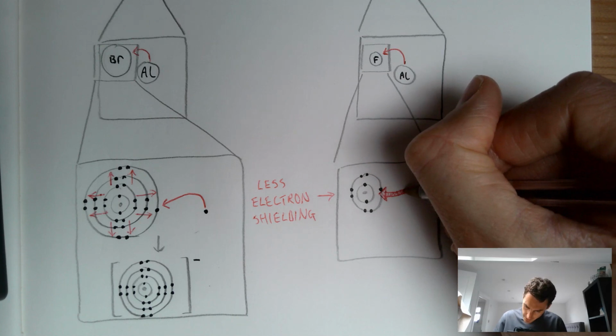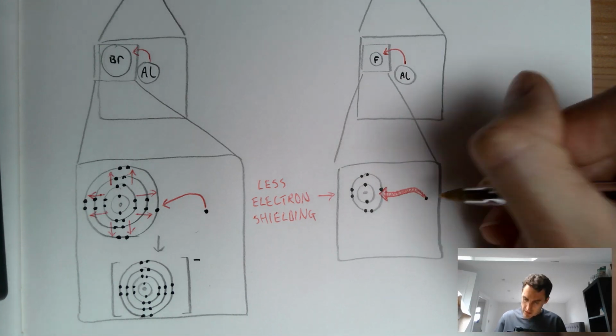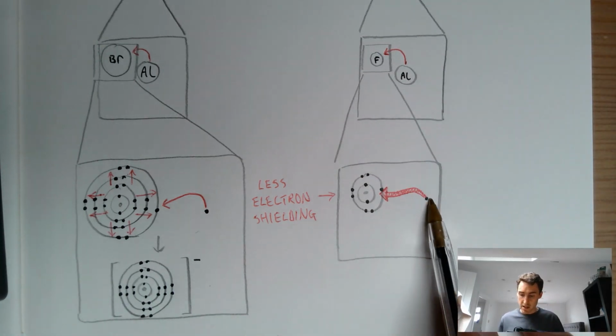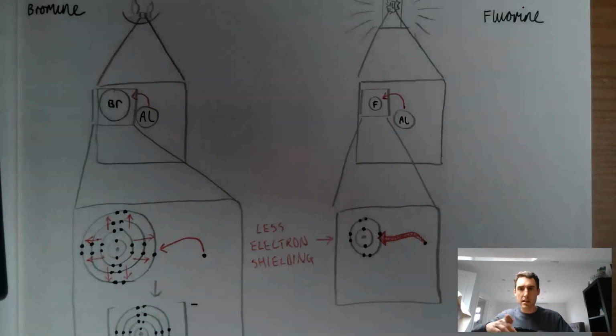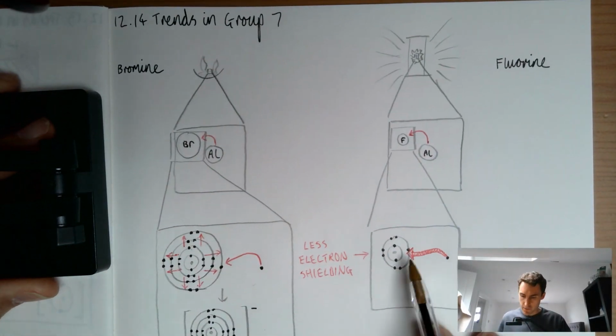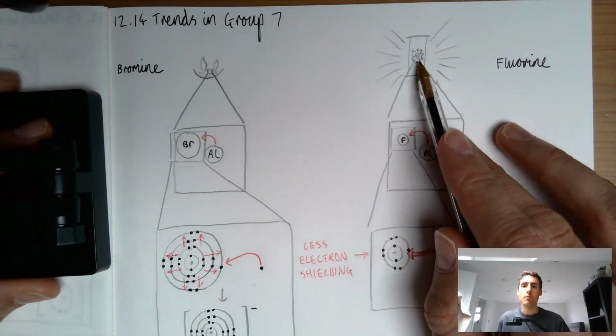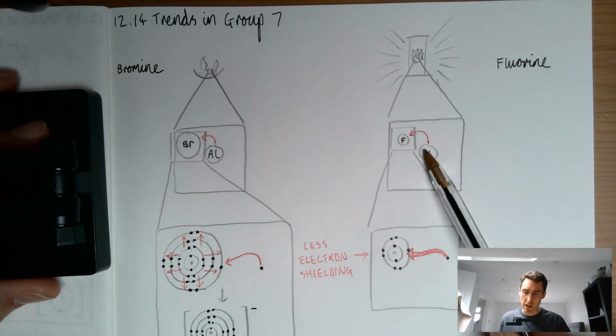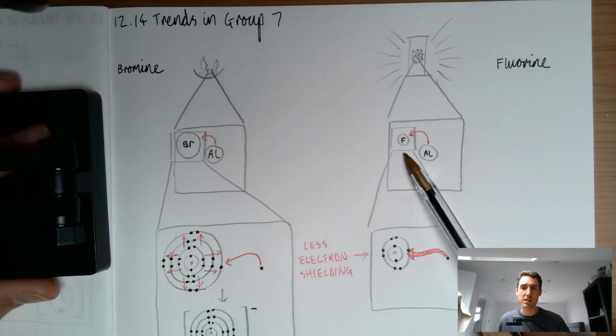And like we said before, it's really important that you say it's more likely to gain an electron. Now let's zoom back out again and go back to the concrete. That's why it's more reactive, because it's much easier for this reaction that we sketched out in simple terms here to take place.